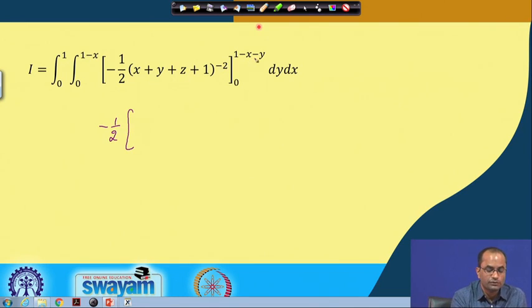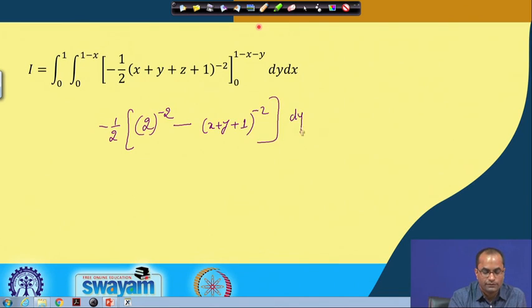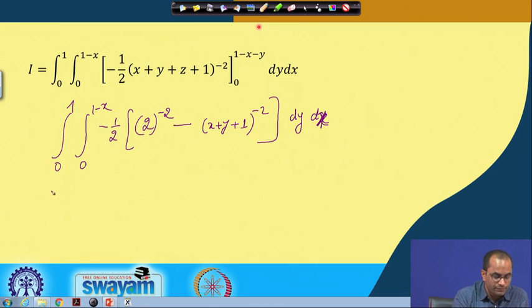When we put z is equal to 1 minus x minus y, y and x will cancel and the 1 will add, so we will have 2 to the power minus 2, and then minus, with z set to 0, x plus y plus 1 to the power minus 2, and then we will have dy and dx, with the outer integrals from 0 to 1 and 0 to 1 minus x. So, we can simplify further.